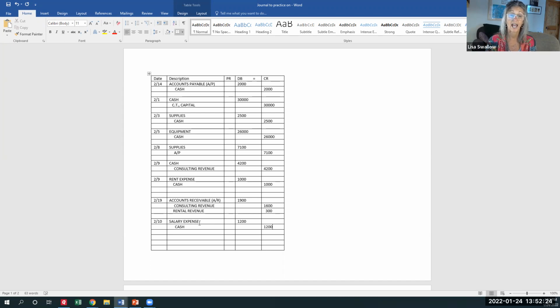And we use assets when what it is that we're purchasing is going to benefit us for more than one period. So is equipment an expense, like it's only going to benefit one period, or is equipment something that's going to benefit us for multiple periods? Make that on the 21st of February. Turn off the video, make the journal entry, and we'll meet back up.